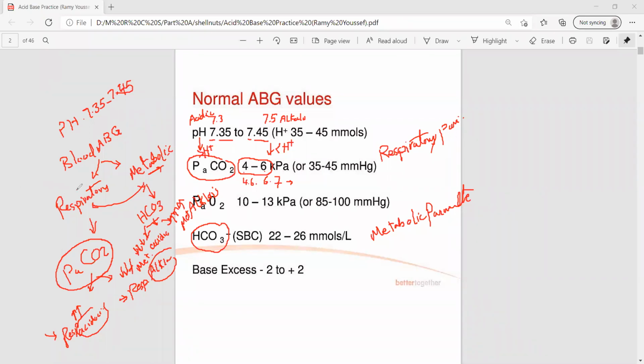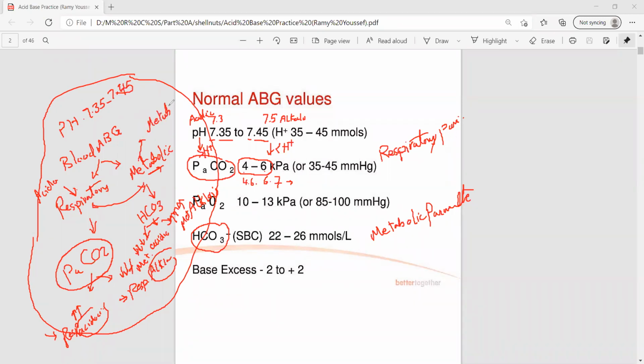Okay, so I have respiratory and I have metabolic. What is done by the body is that if I have a respiratory acidosis, the metabolic condition tries to direct the blood condition the other way, trying to correct the acidosis, and vice versa.